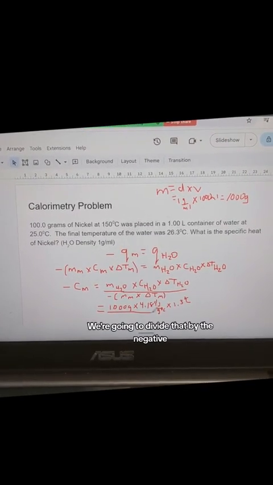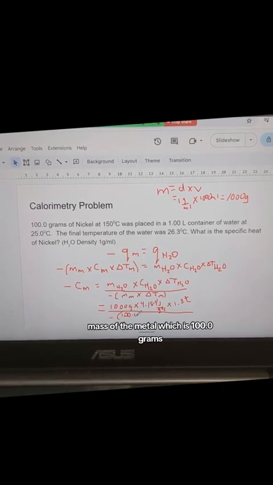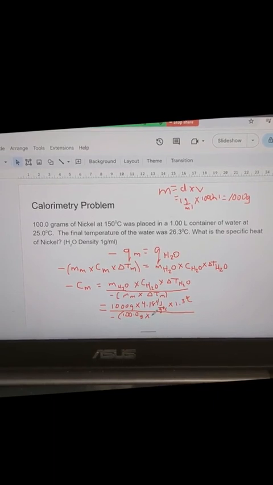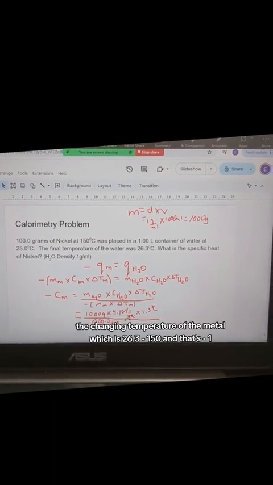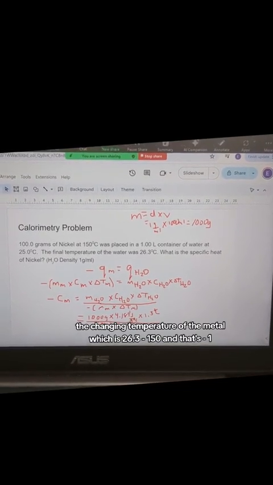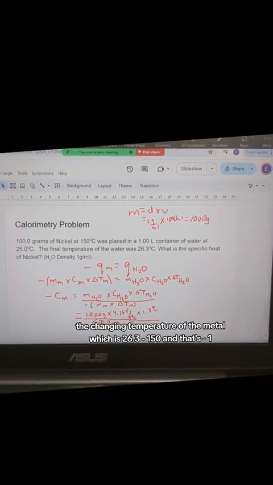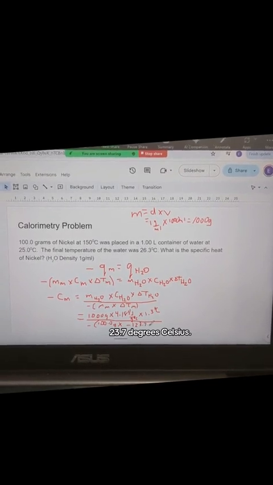We're going to divide that by the negative mass of the metal, which is 100.0 grams, multiplied by the change in temperature of the metal, which is 26.3 minus 150, and that's negative 123.7 degrees Celsius.